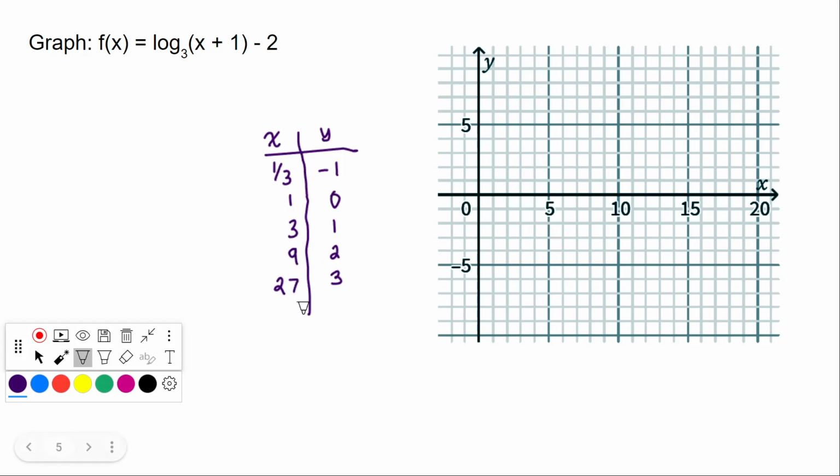Now, we may not be able to plot all of those points, but we have a good start on anchor values that we can use. I can also tell you that this is going to go left 1 unit, and it is going to go down 2 units.